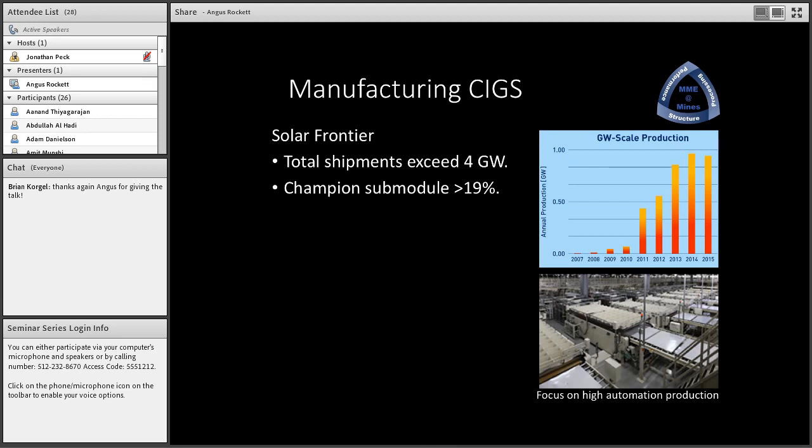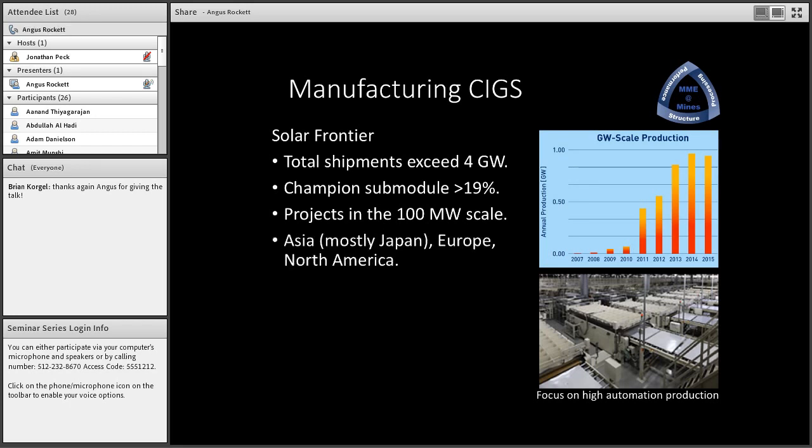Their champion submodule is better than 19% efficient, and that's something like a 100 square centimeter submodule. So it's not a very small module with excellent efficiency. They've got a number of projects worldwide in the sort of 100 megawatt scale, and as I said, they're shipping close to a gigawatt annually, mostly focused in Japan, Europe, and North America, and to some extent other places in Asia.